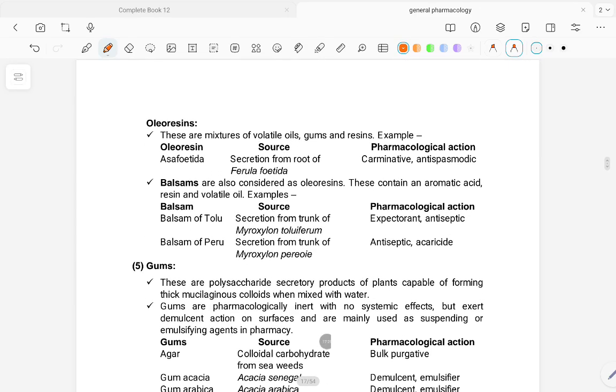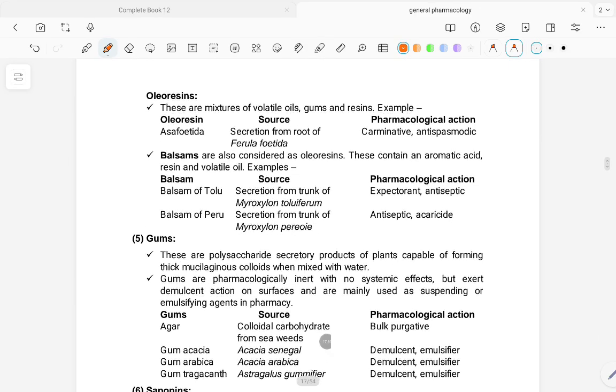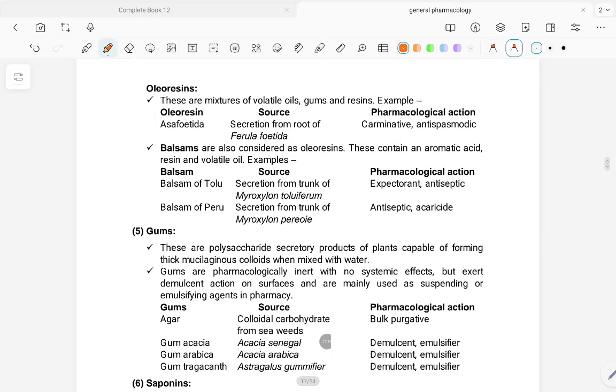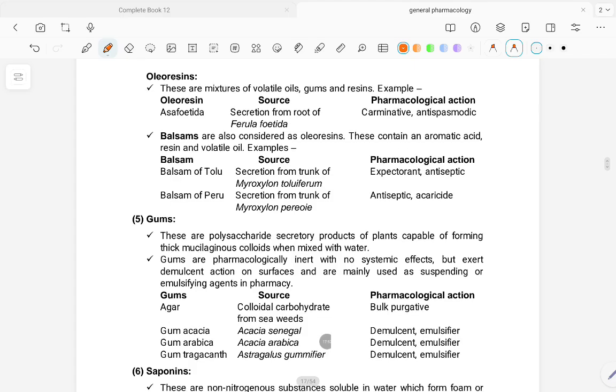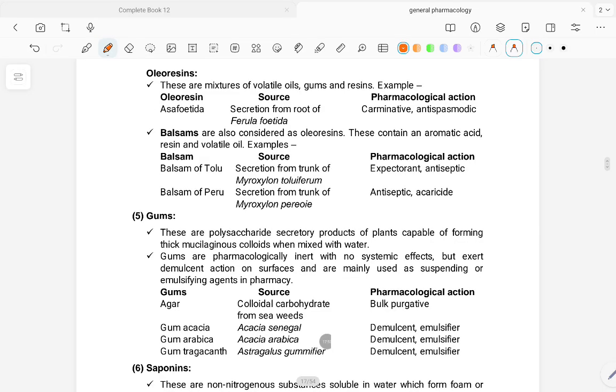Oleoresin. These are mixtures of volatile oil, gum, and resin. Example: oleoresin, source, pharmacological action. Asafoetida, secretion from the root of Ferula foetida, carminative, antispasmodic. Balsams are also considered oleoresins.